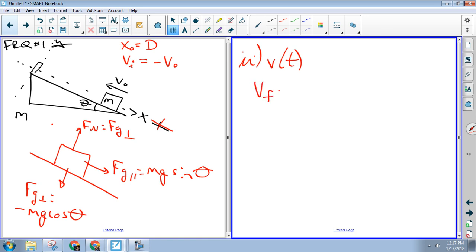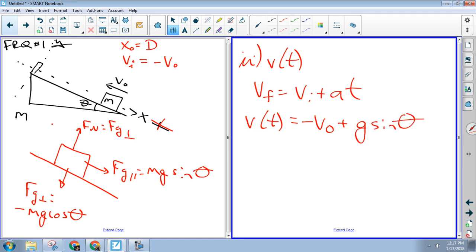Somebody convince me that I can use this equation. Acceleration's constant, right? So v final means the velocity at the end of some time t. My velocity at the end of time t is whatever my starting velocity was, that's negative v naught, plus, like Maggie said, the acceleration, g sine theta, times t. There's your answer.